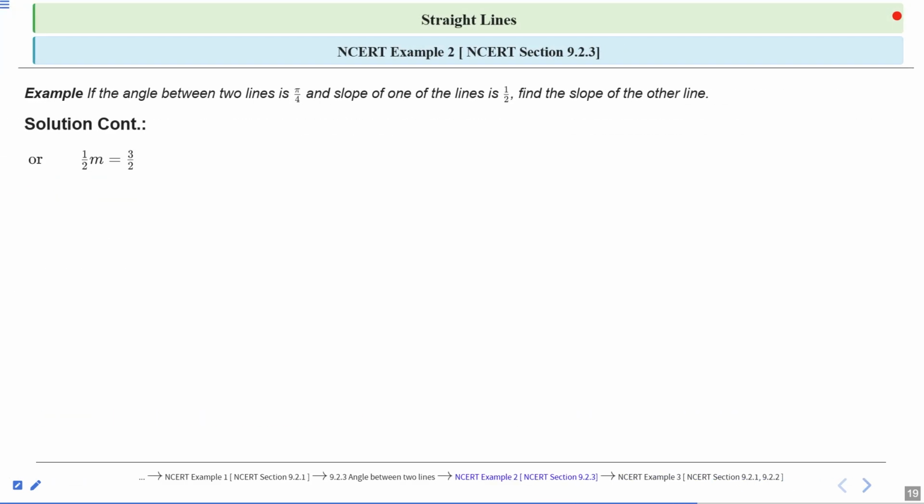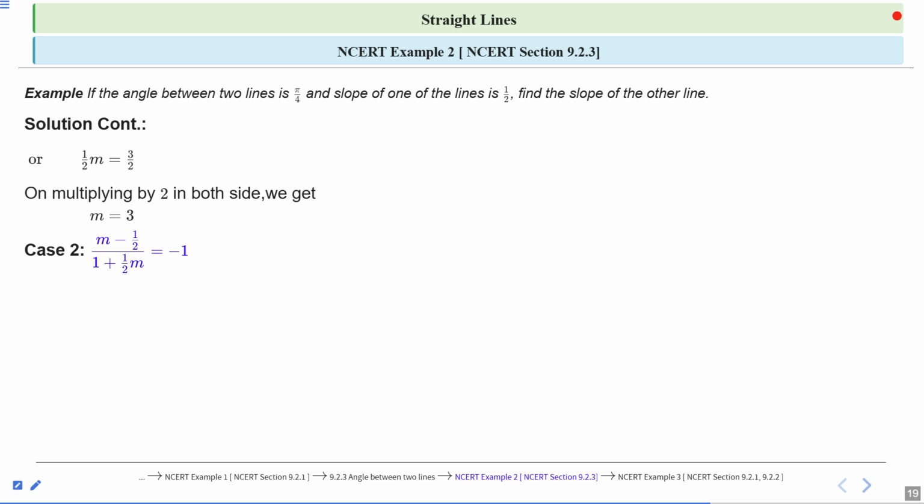So now from here you will get 1 by 2 times m is equal to 3 by 2. And from this equation, multiplying by 2 on both sides, we get m equal to 3. So the value of m is equal to 3 from case 1.